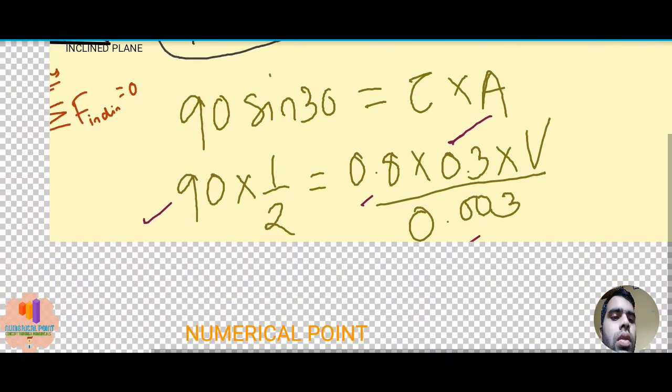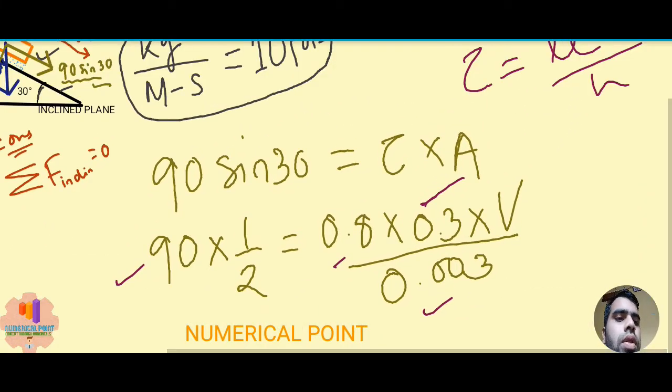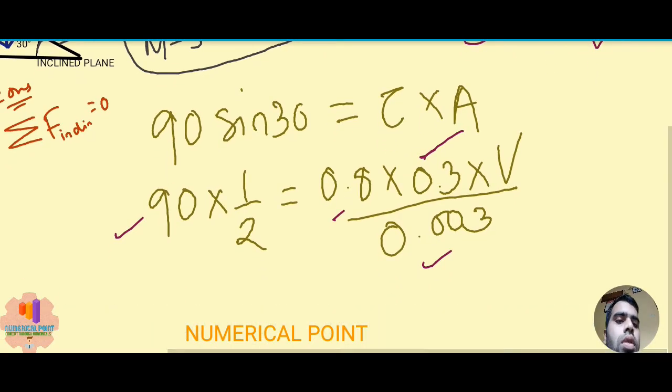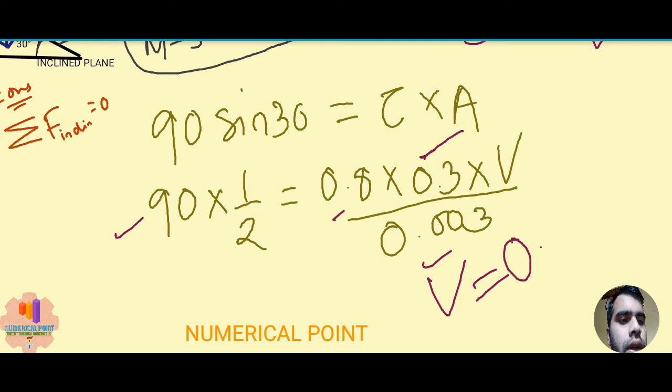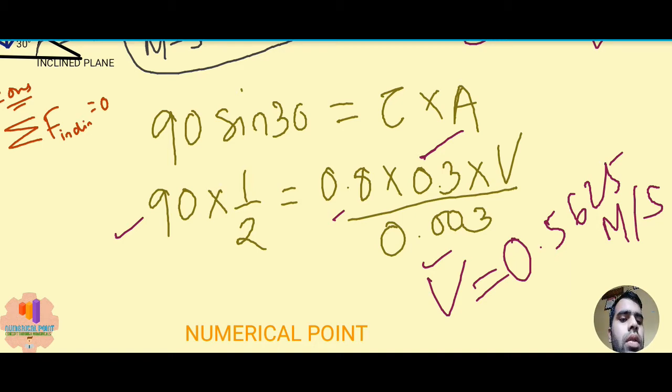So mu is here, V is here, h is here, A is here. The only unknown is V. We can find it by calculating all the values. So the value of V will be 0.5625 meter per second. This is the terminal velocity, and this is the answer for the second question.